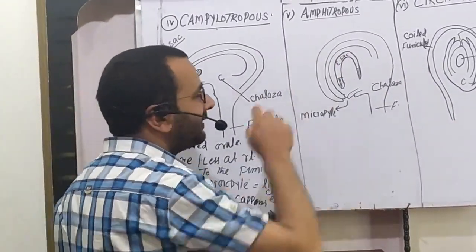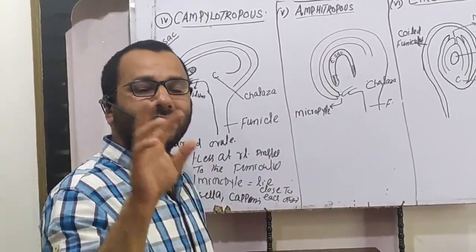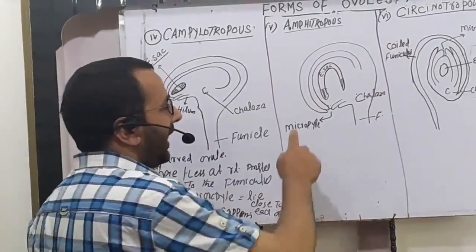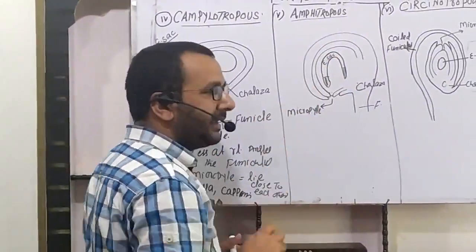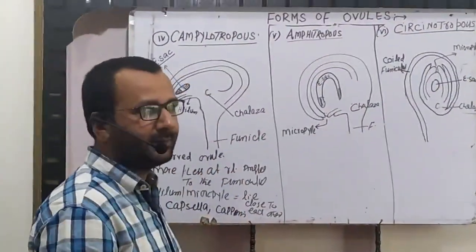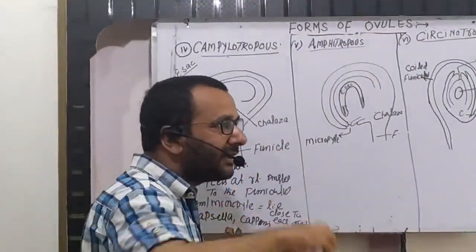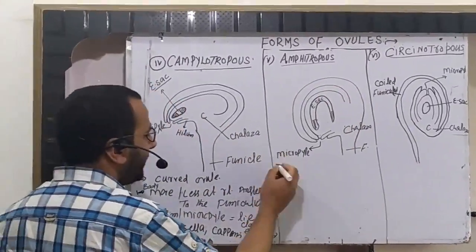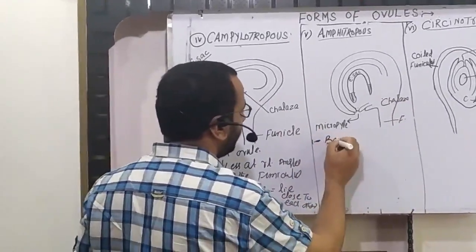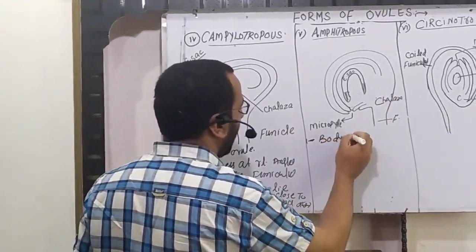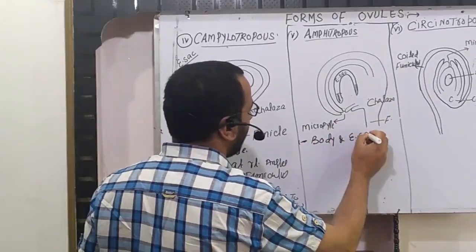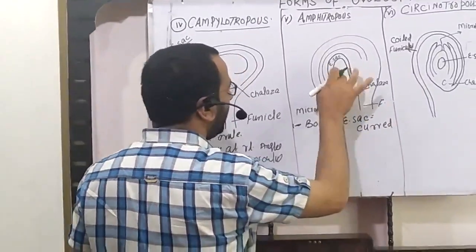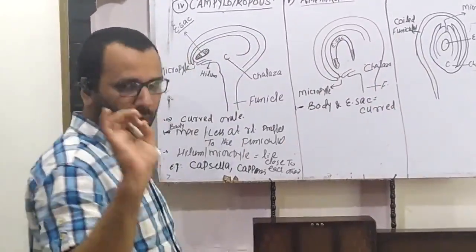And this curved embryo sac resembles the horseshoe. So we can say that embryo sac over here is horseshoe shaped because of the curvature of the ovule. So in amphitropous ovule, both body and embryo sac are curved.